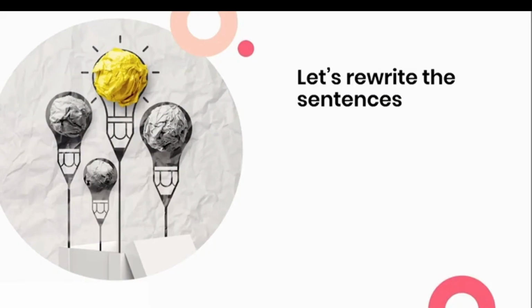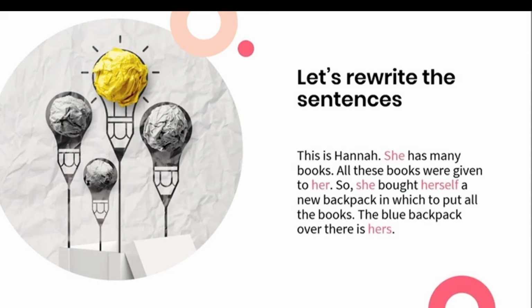Now that we have learned all these pronouns, we can rewrite all the sentences from before with the correct pronouns. This is Hannah. She has many books. All these books were given to her. So she bought herself a new backpack in which to put all the books.